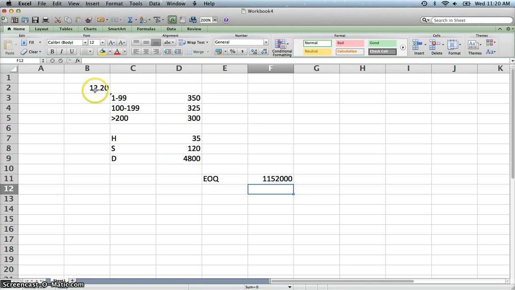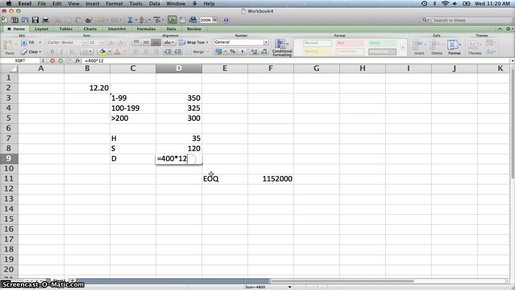This is data from 12.20 at the end of chapter 12. They talk about the monthly demand is 400. So I simply took 400 times 12, and that gave me my annual demand of 4,800. So that's the top part of the equation.